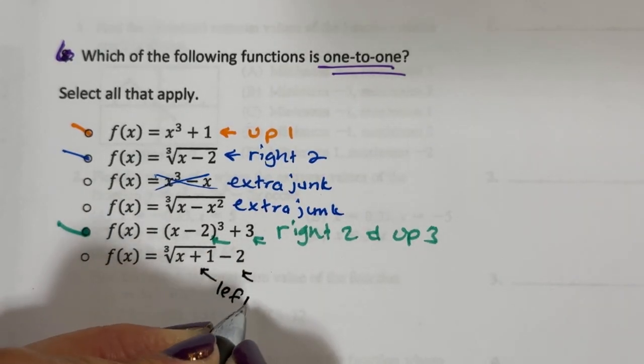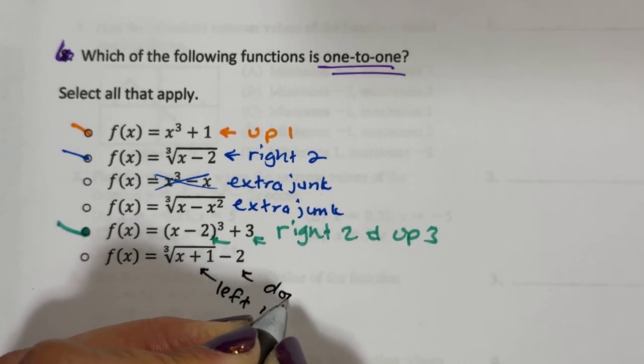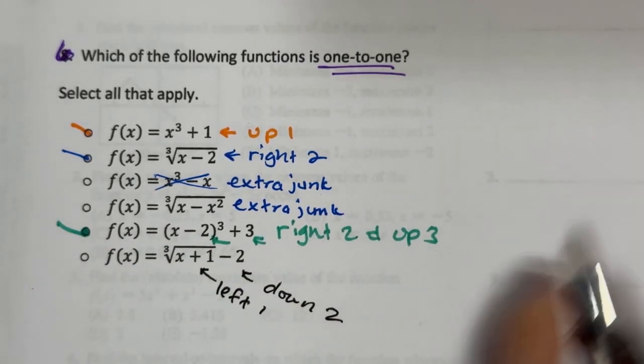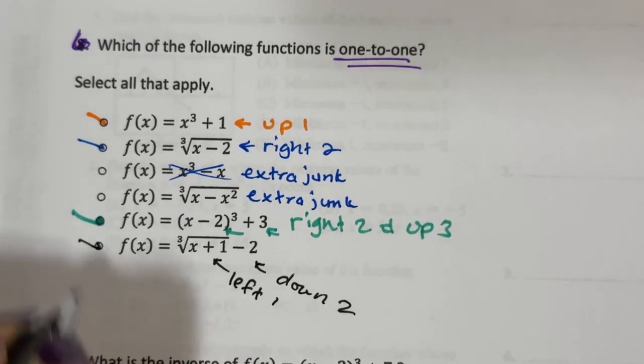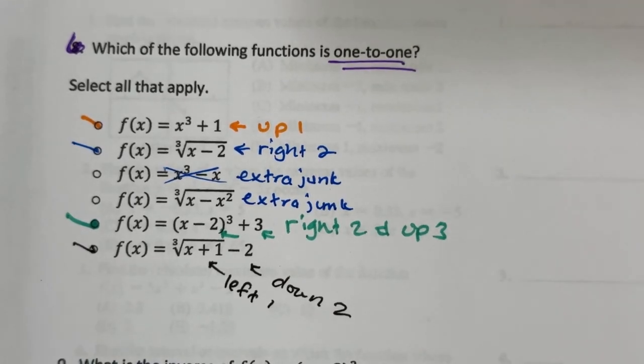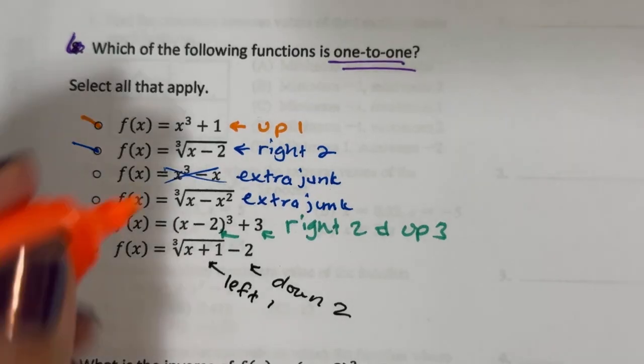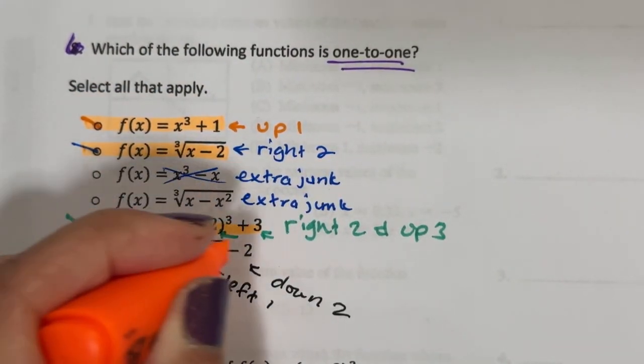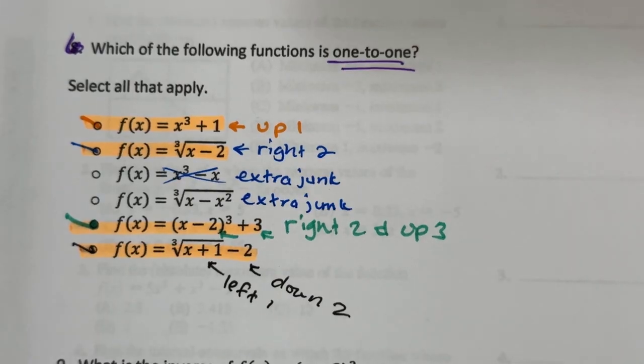That means it's going to the left 1 and down 2. So because it's a shifting of the parent cube root function, it is 1 to 1. It's going to pass both tests. And there it is. So 4 options, the first 2 and the last 2. These are all 1 to 1. And now we have selected all that apply.